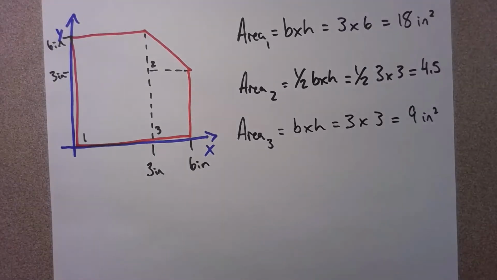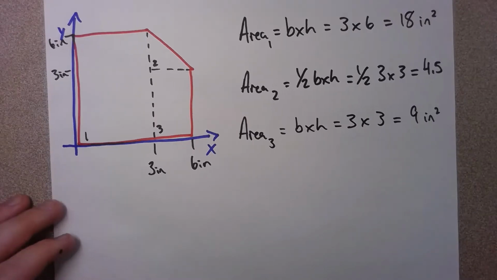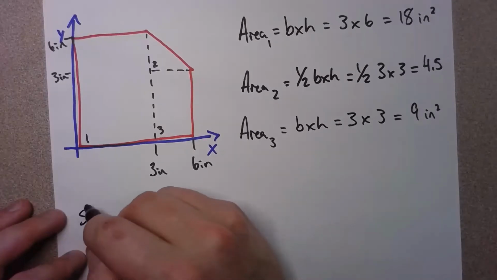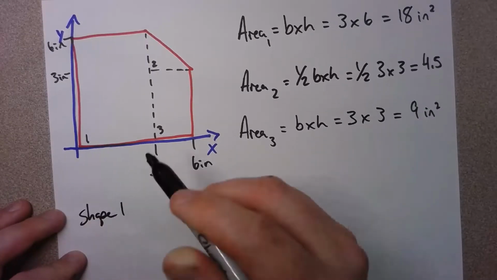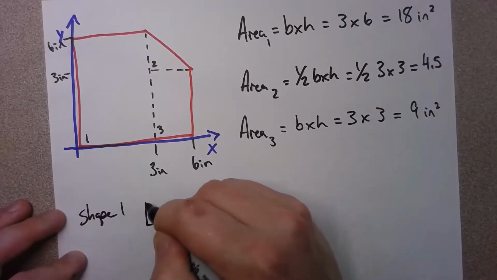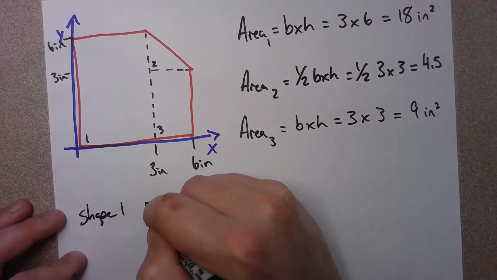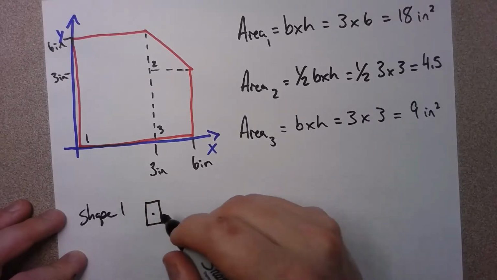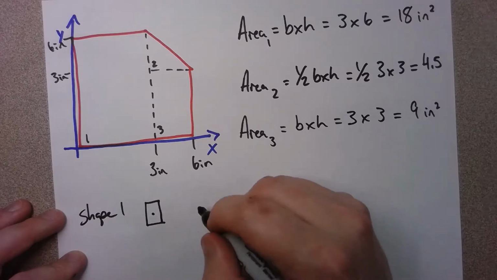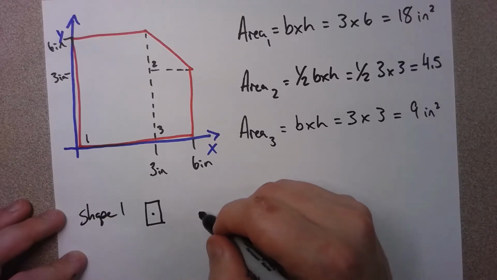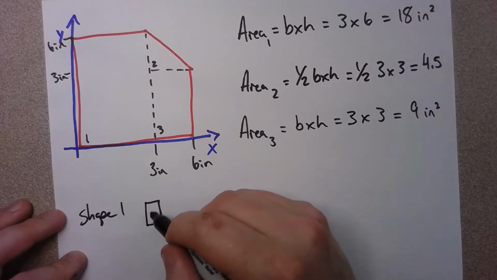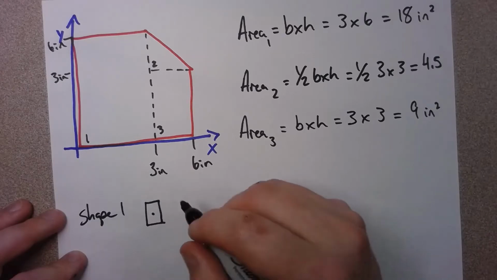Step 4, we need to determine the location of the centroid of each shape. Okay, so shape 1 is a rectangle, so its centroid is going to be here, which in this case is in the middle, so you have to divide those in half just like the rectangles.